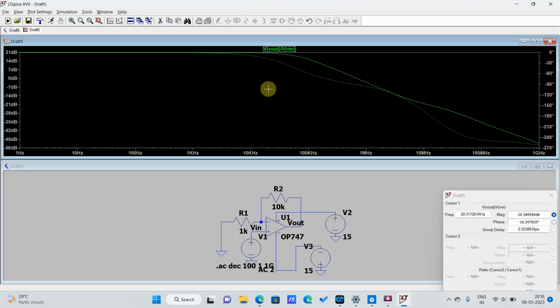After that it starts decreasing very fast. So this was the frequency response for a non-inverting amplifier.